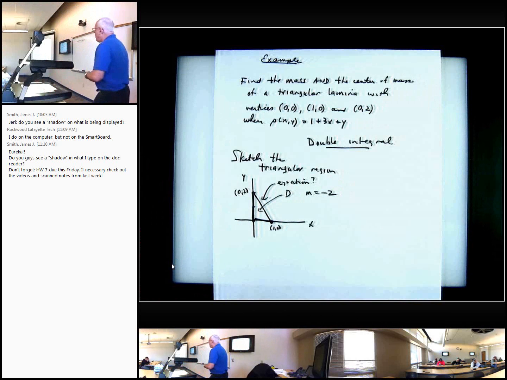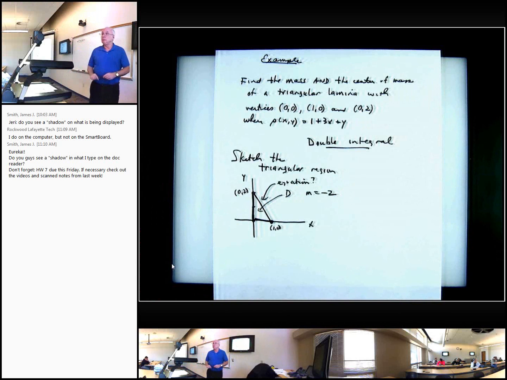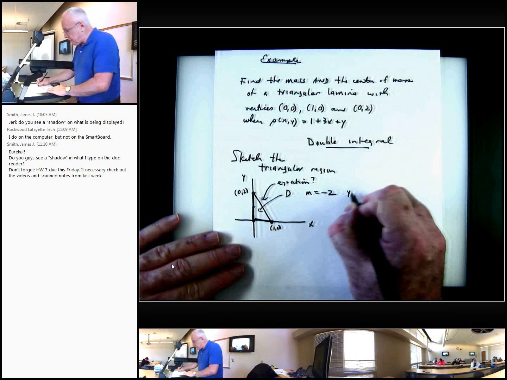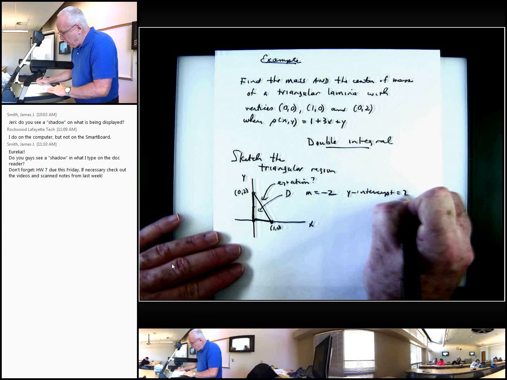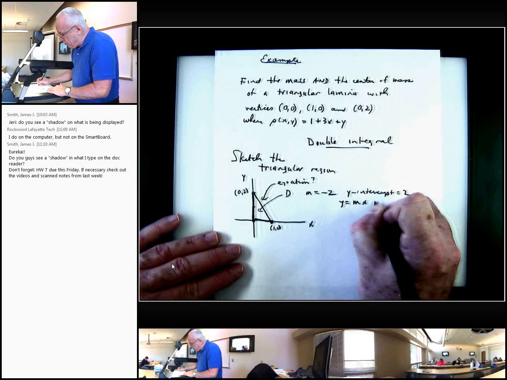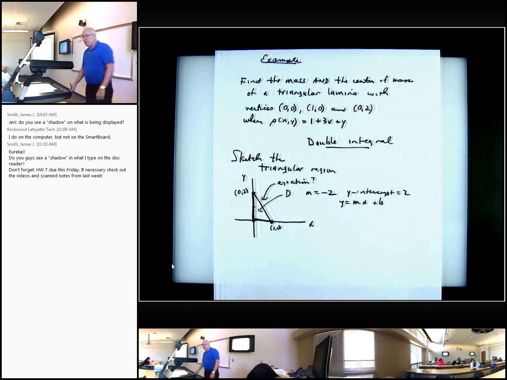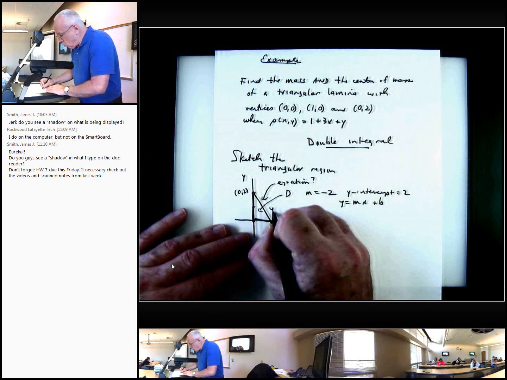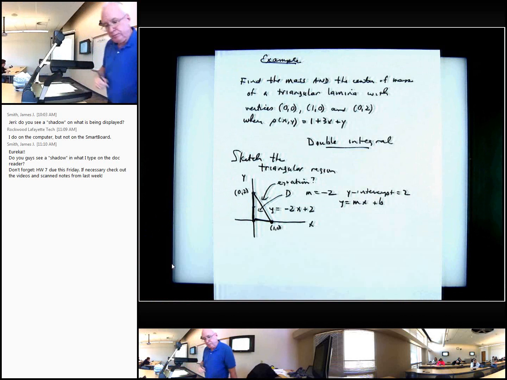And what's the y-intercept of this particular straight line? 2. Y-intercept 2. So we can just do y equals mx plus b, and this line is y equals negative 2x plus 2.